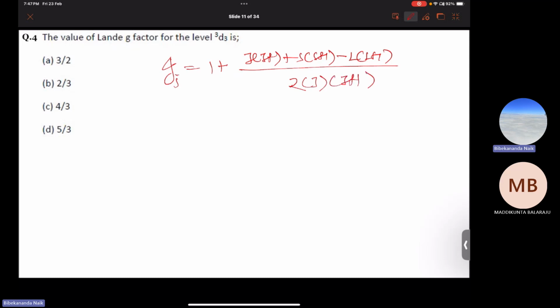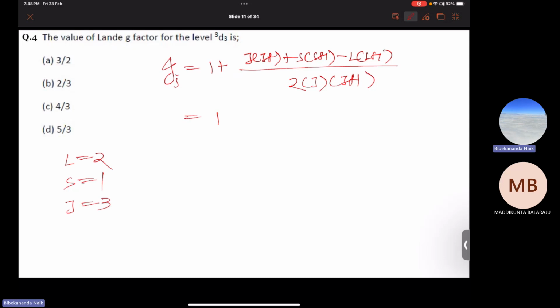And the values here: since it is D, L is 2, S is 1, and J is how much? J is 3. So these are the values and we will calculate.